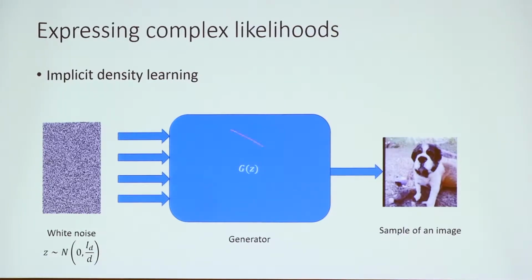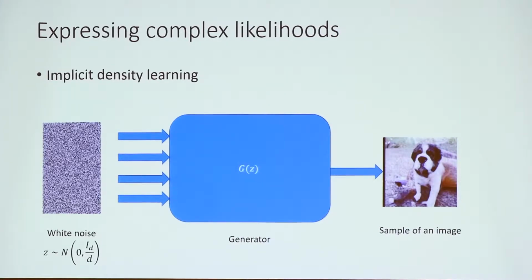So maybe here you can take this input and generate images of a dog. That's the implicit density learning framework. And your task now is to find this function g that takes as input random noise, massages it, and comes up with an actual image that looks like a realistic image of a dog.